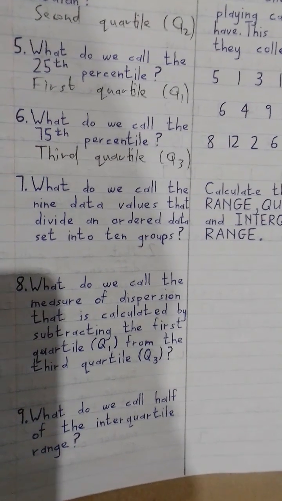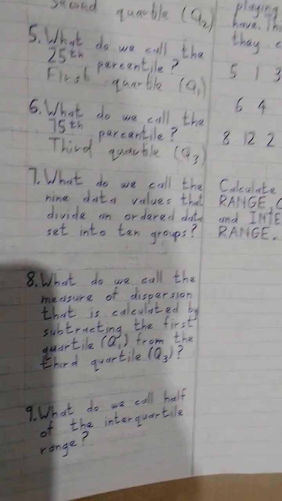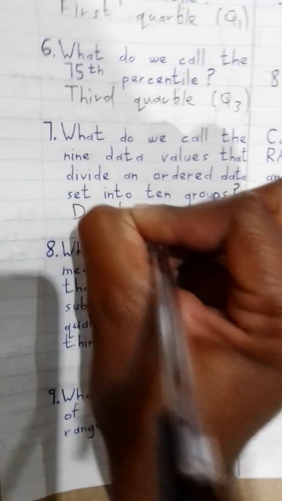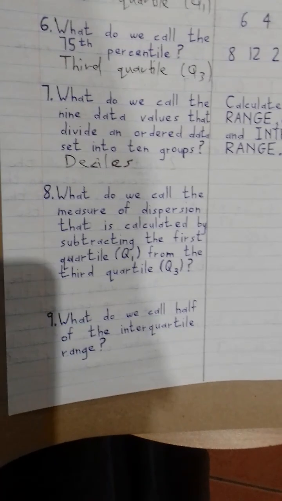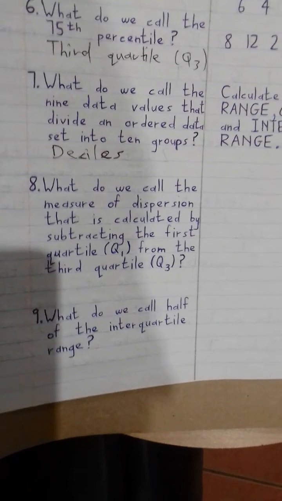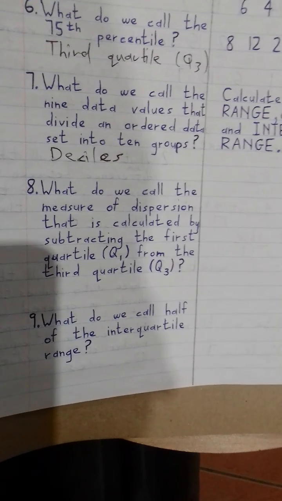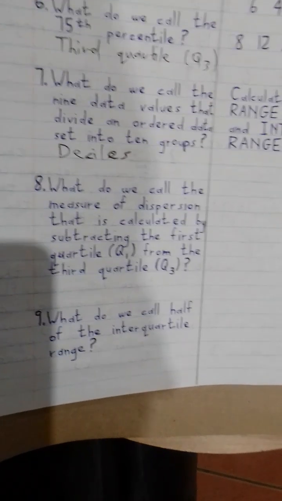Number 7 asks, what do we call the 9 data values that divide an ordered data set into 10 groups? They are called deciles. Hope that's clear enough. Number 8 asks, what do we call the measure of dispersion that is calculated by subtracting the first quartile, Q1, from the third quartile, Q3?